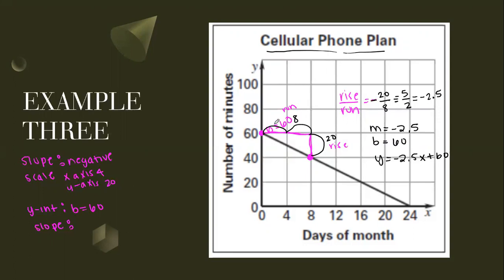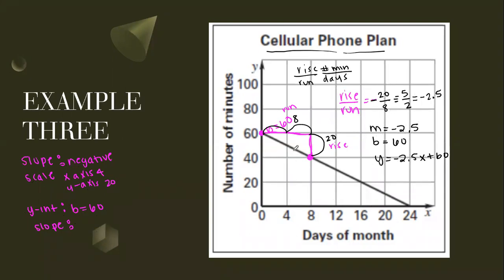So that means for my cellular phone plan, at 0 months, I start at 60 minutes. So every month, I start with 60 minutes on my phone plan. And then my rise over run. My y-axis is talking about the number of minutes. My x-axis is talking about the days of the month.